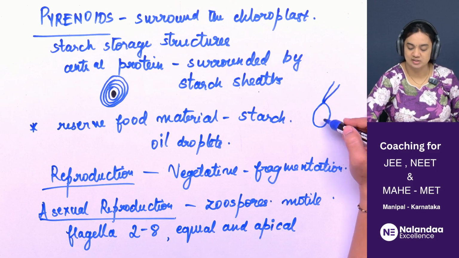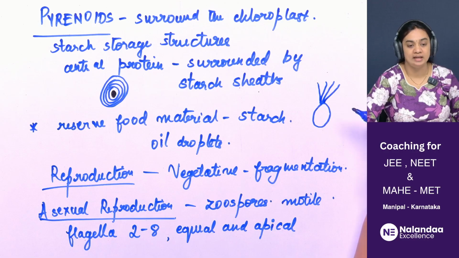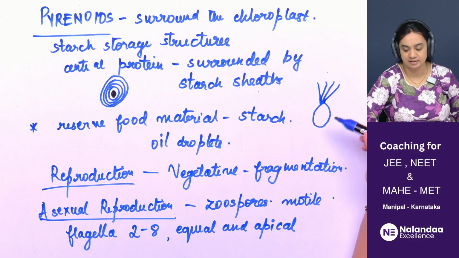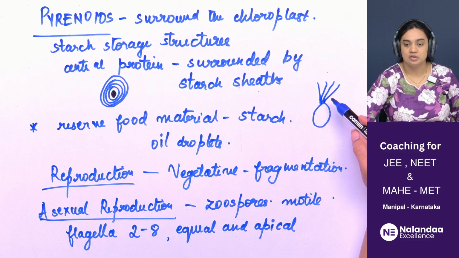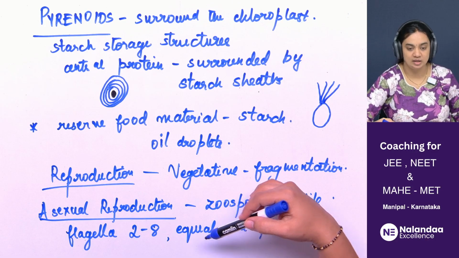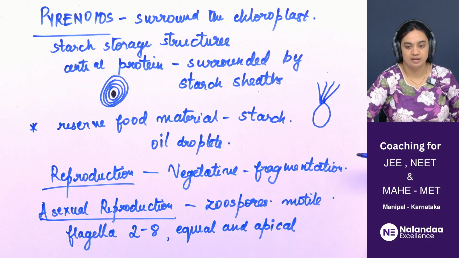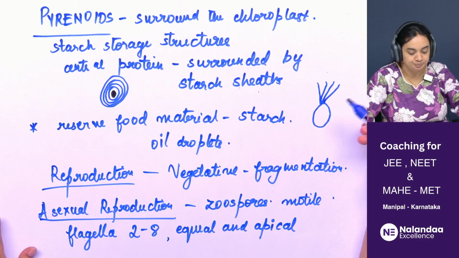All flagella look similar, whether it is 2 or 3 or 4 or 8. And what is apical insertion? Found at one tip of the cell. Is that clear? Flagella are 2 to 8 in number, equal and apical. This is flagella position and insertion.